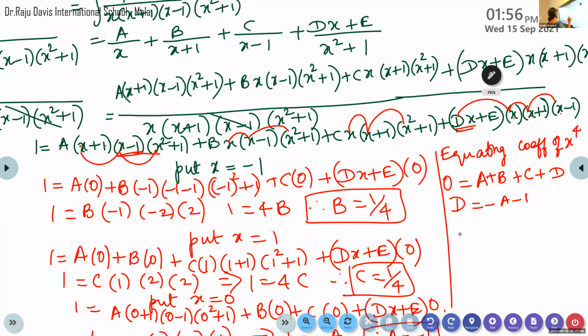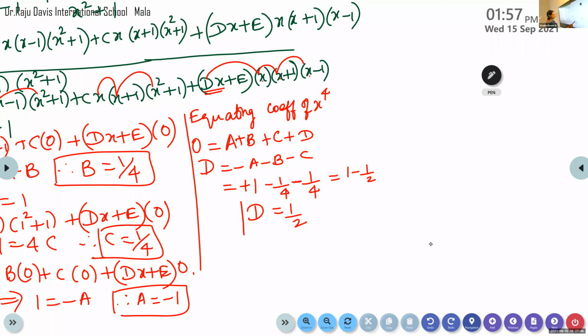Next, it's not over. One more coefficient you have to find, E. What can we do? We can equate the constant terms. If you take the LHS, there we have 1.